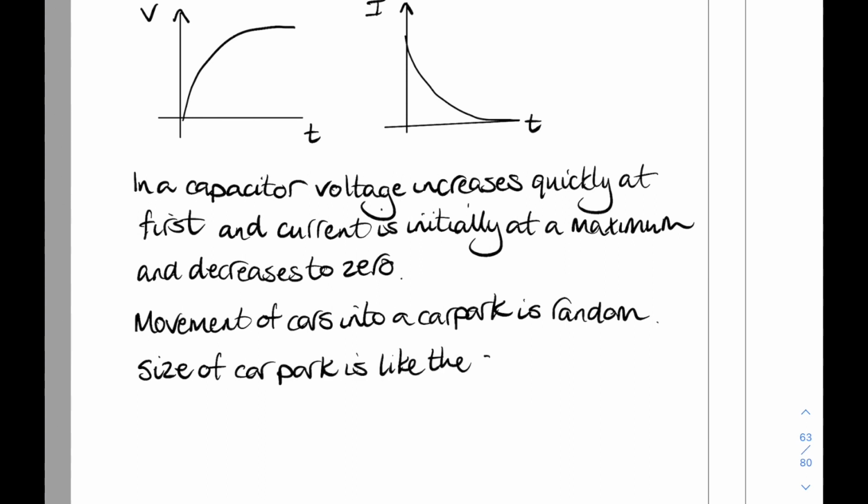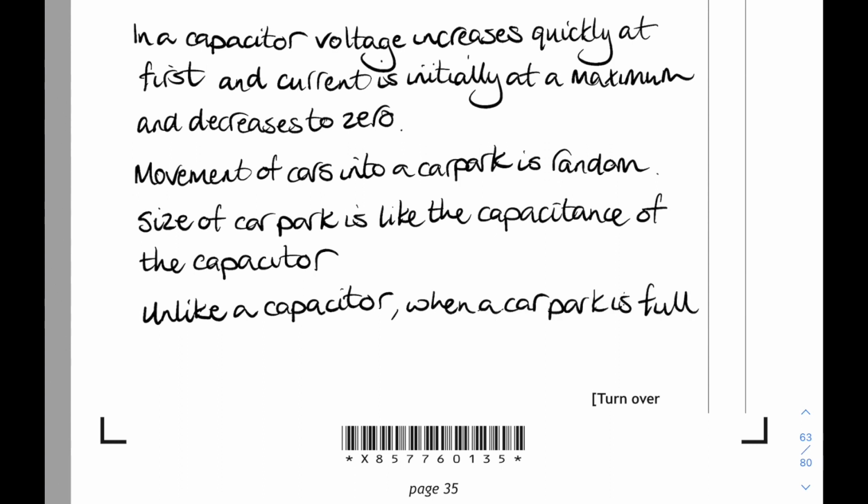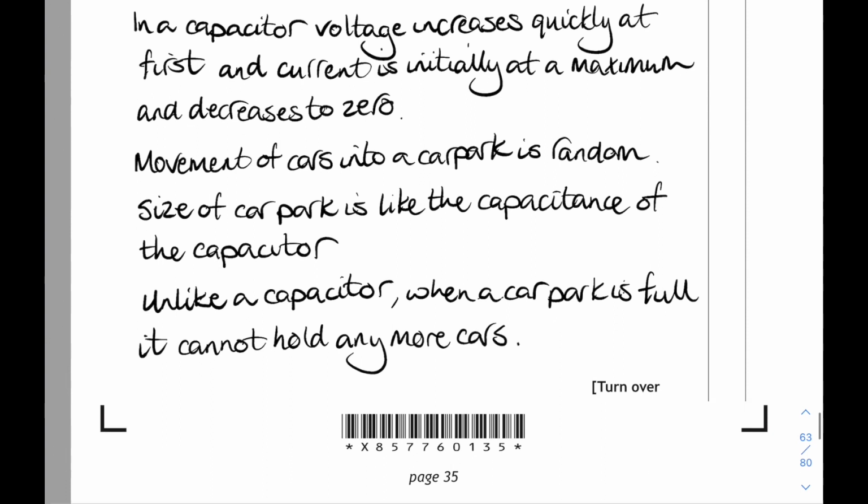And the size of the car park is like the capacitance of the capacitor. Unlike a capacitor, when a car park is full, then it cannot hold any more cars.